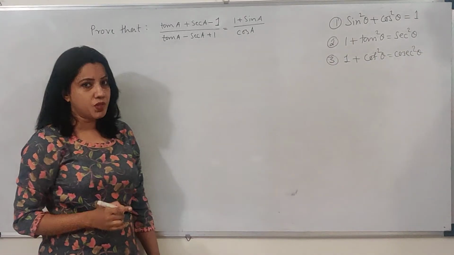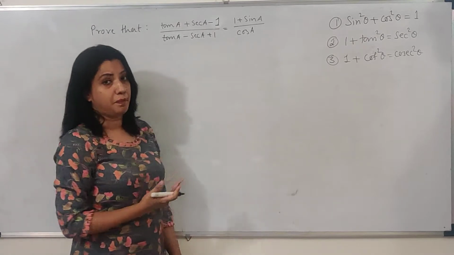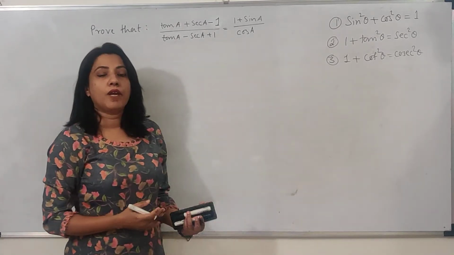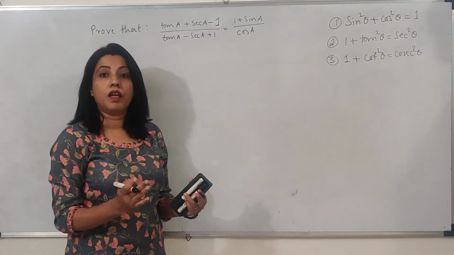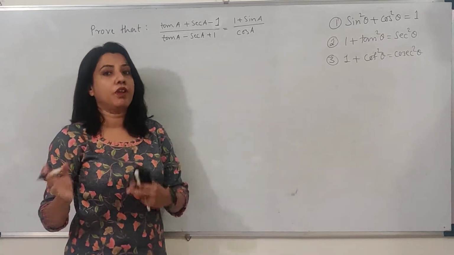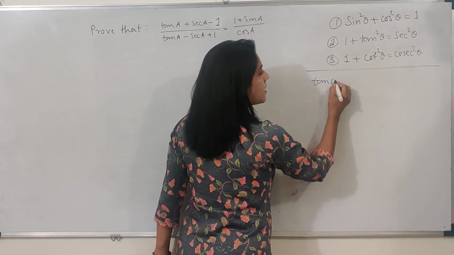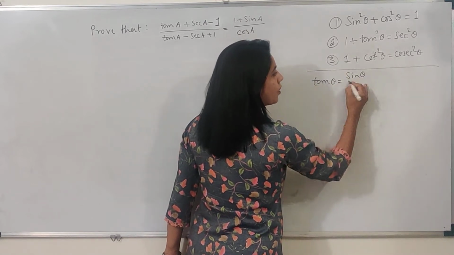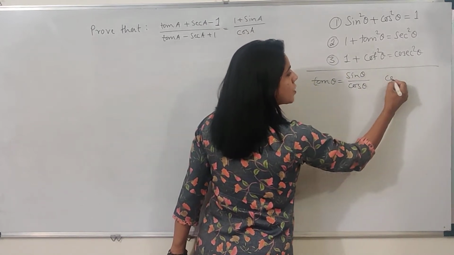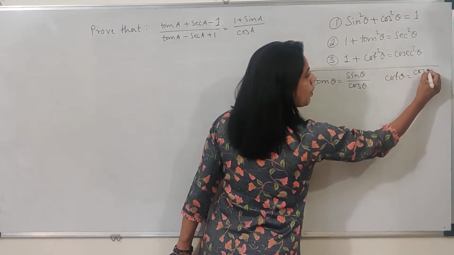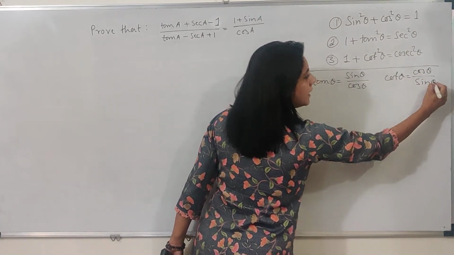So we need to use these three identities wherever they are applicable, and along with that we have to use some trigonometrical relationships of the ratios, which are tan theta is equal to sin theta upon cos theta. Second is cot theta is equal to cos theta upon sin theta.